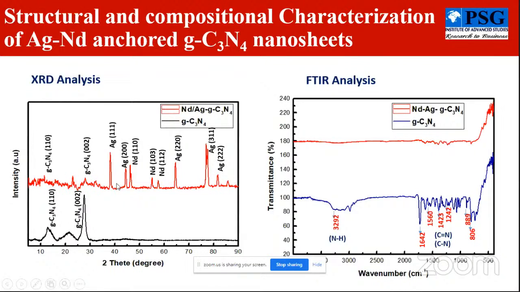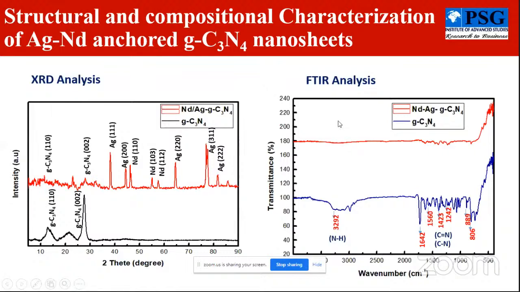And this one is the XRD pattern of NdAg g-C3N4, where we can see the strong peaks of both Ag and Nd, which shows a good correlation with the existing reports of bimetallic g-C3N4.